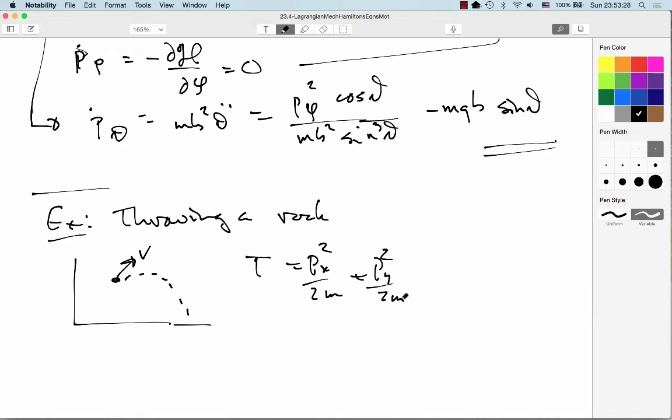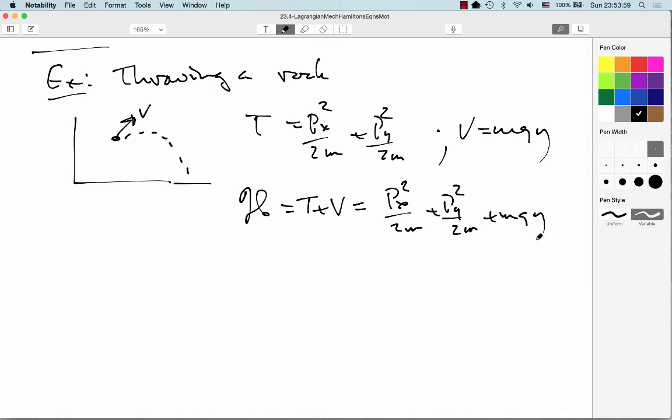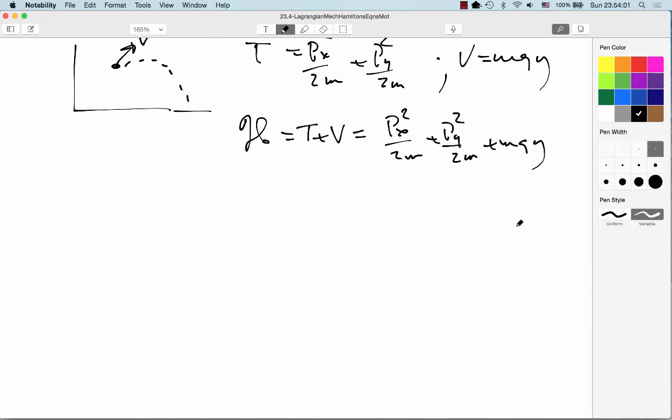So we don't have to write the Lagrangian for that. And we can write the potential energy as mgy. There are no t's showing up anywhere, so it's ignorable, and we can go straight to writing H equals T plus V. So that's px squared over 2m plus py squared over 2m plus mgy.